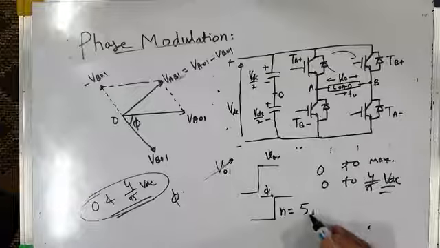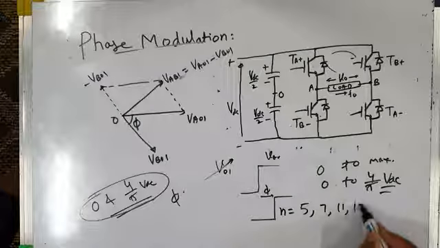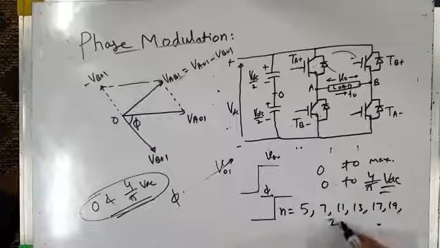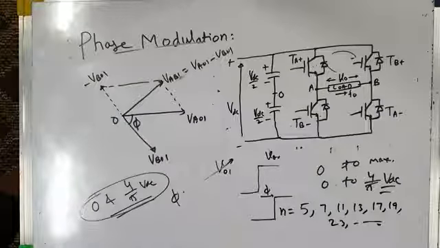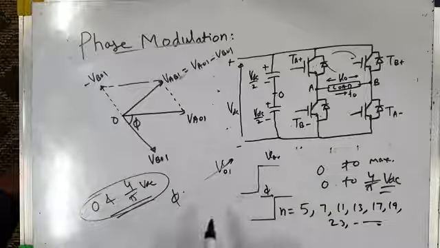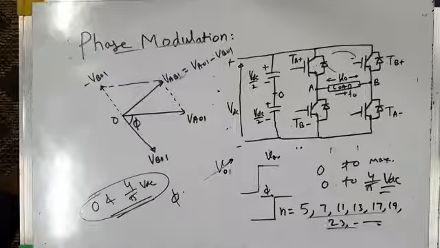That is, n is equal to 5, 7, 11, 13, 17, 19, 23, and so on. So although the inverter output voltage is controllable, it will be very rich in harmonics, and we will not be able to suppress or eliminate the harmonics. That is the serious problem with phase modulation.